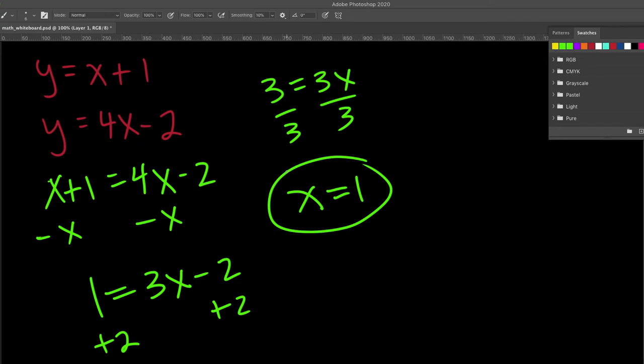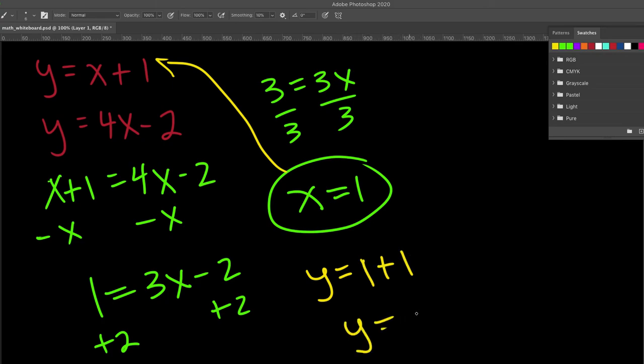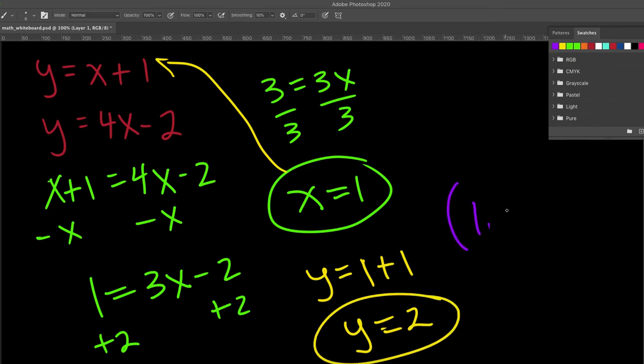Now we're going to take this and plug it into one of the originals. The top one looks easier to me, so I'm just going to say 1 plus 1. So our y value is 2. Okay, once again, our final answer we write as x comma y, and then we're going to go to Desmos and just check that.